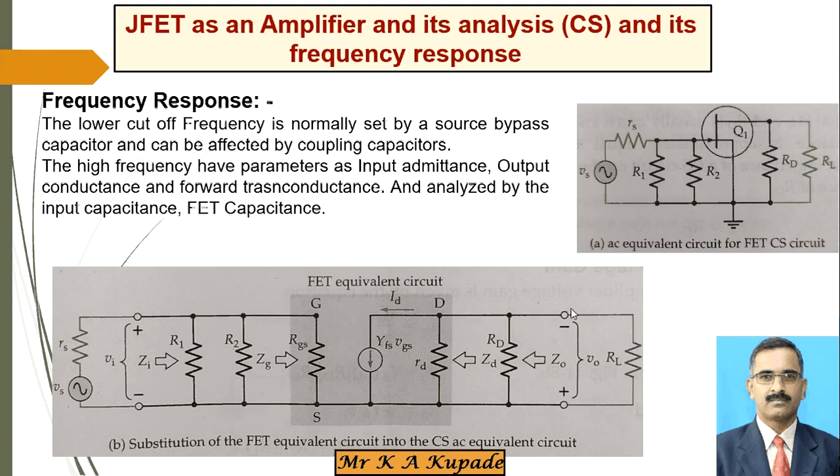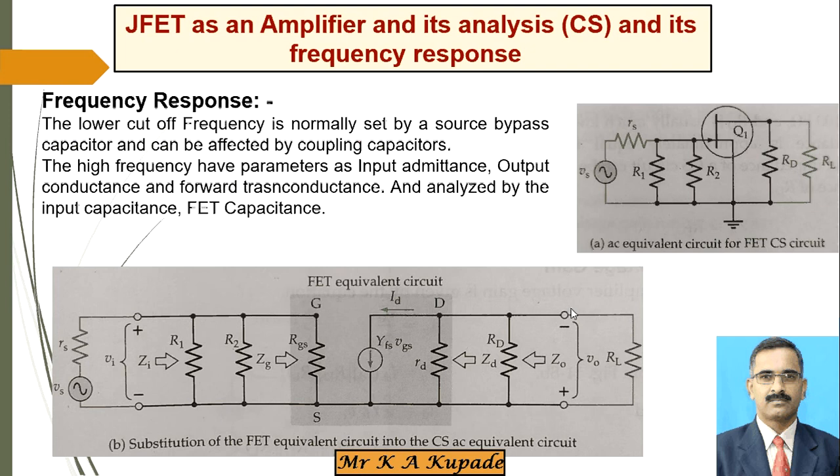So the source bypass capacitor is also considered, and it can be affected by the coupling capacitor considered at the input side. All these are considered for the low frequency response.